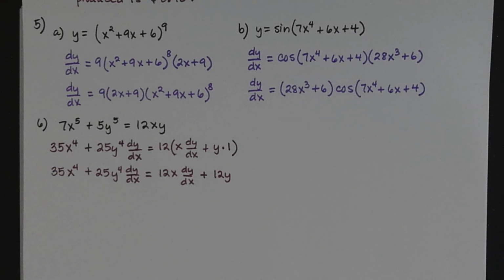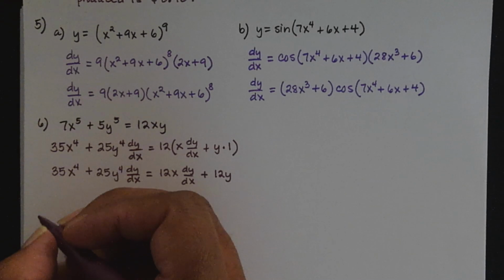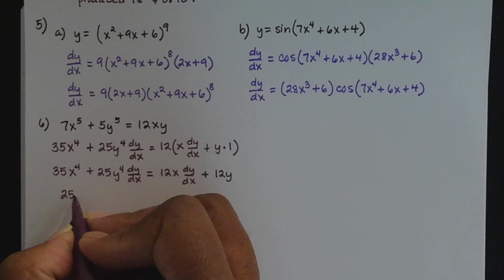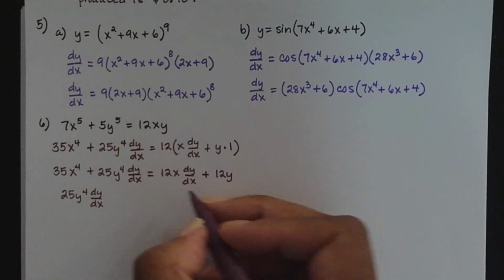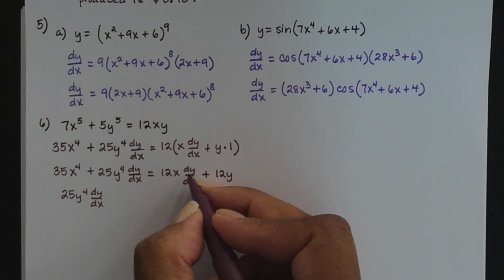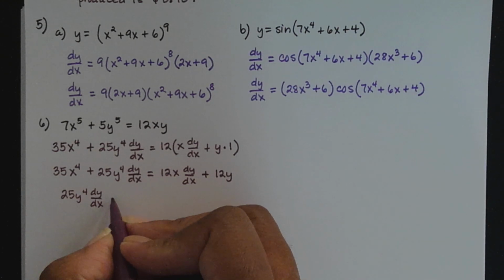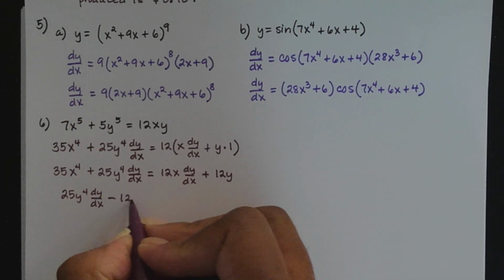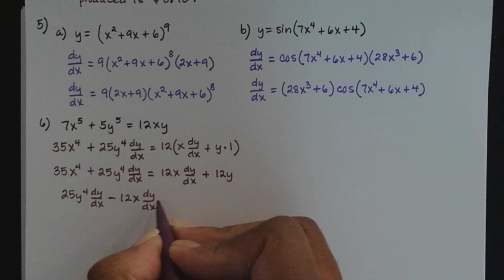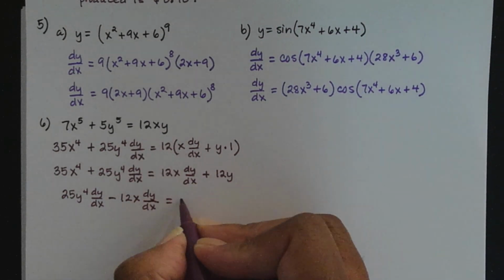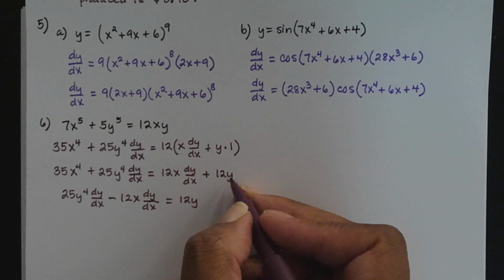All right, now the next step would be to collect all the terms that contain dy/dx on the left side and move everything else on the other side. So that 25y to the fourth will remain on the left side, 25y to the fourth dy/dx. But for that 12x dy/dx, I'm going to move that over to the other side, and it becomes a minus 12x dy/dx. Then that's equal to 12y on the right side.